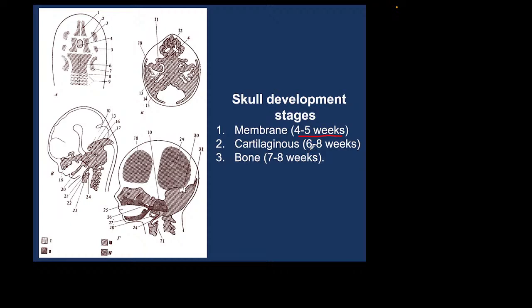It takes place at age from 4 to 5 weeks. Then the second stage is the cartilaginous stage, when bones consist mostly of cartilage. This stage starts from 6 weeks.